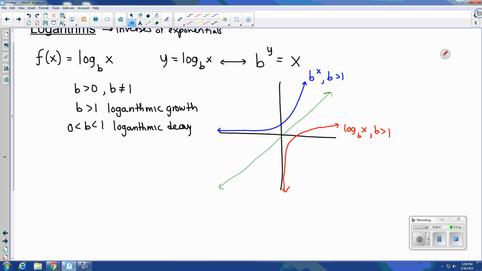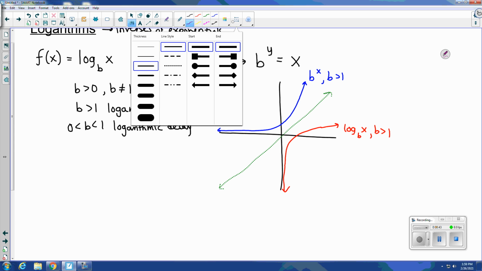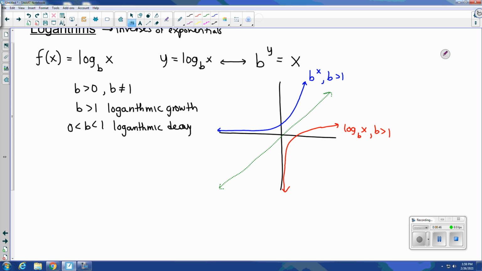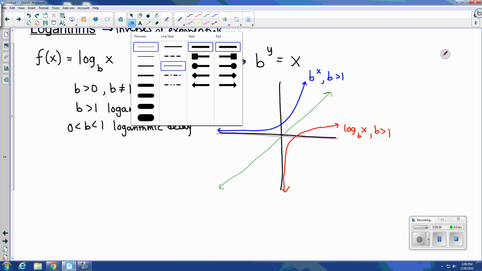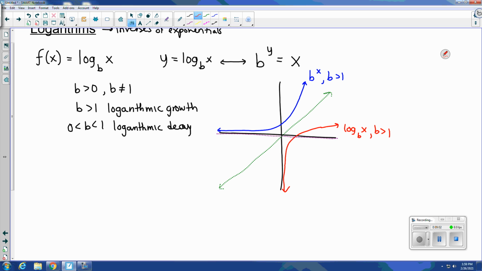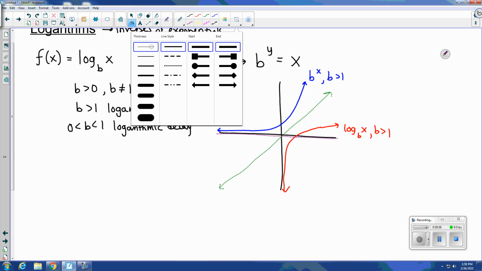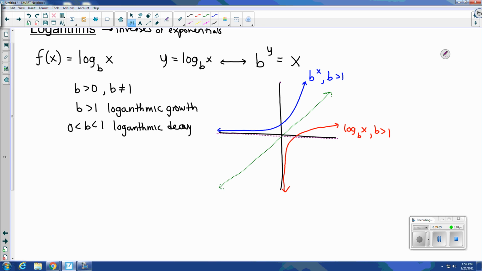So this is our logarithmic growth, and I want to make sure that this thing is always increasing, so as not to confuse you. Now the other thing we discussed with exponentials is that they have horizontal asymptotes at 0. So we have this horizontal asymptote at y equals 0. That horizontal asymptote also gets reflected when we find the inverse graph, and it turns into a vertical asymptote for the logarithm.